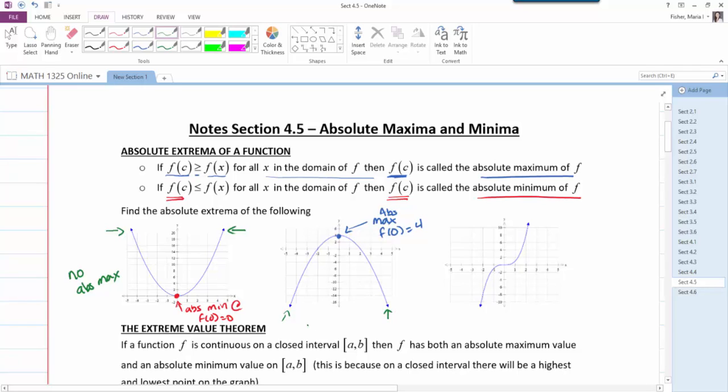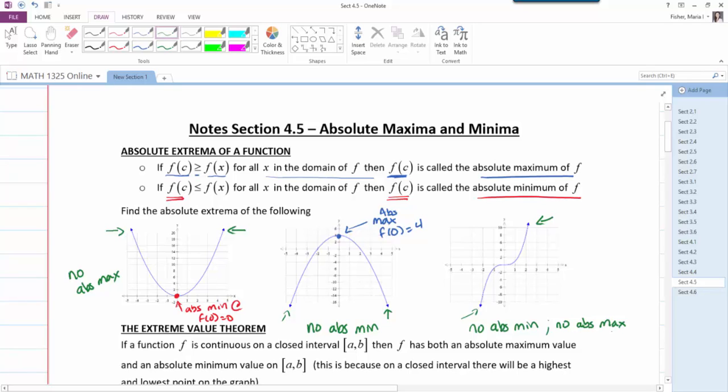And for this last graph, because we have one arrow pointing off towards negative infinity, we have no absolute minimum, and because we have an arrow pointing off towards positive infinity, we have no absolute maximum.